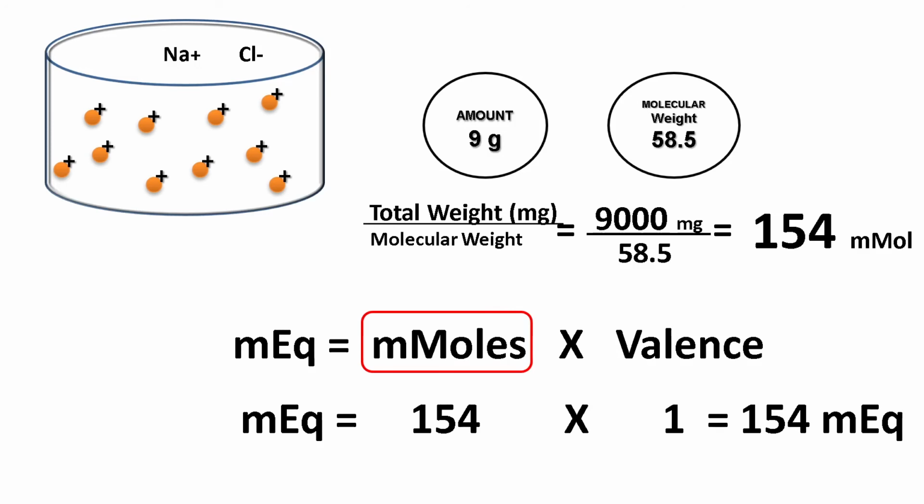Remember, the valence of any salt molecule is always 1 since it is not in ionic state. So the answer is 154 milliequivalent. That means 154 millimoles of sodium chloride is equal to 154 milliequivalent of sodium chloride.